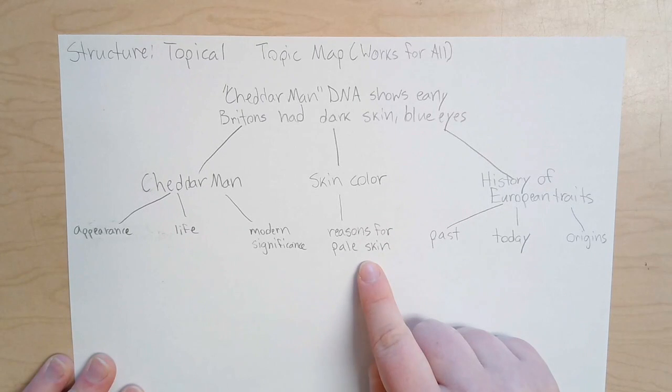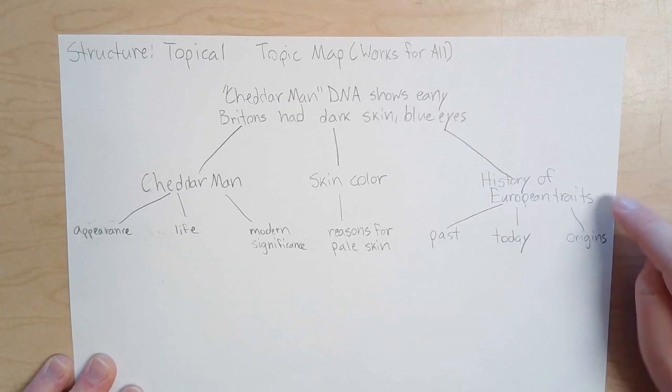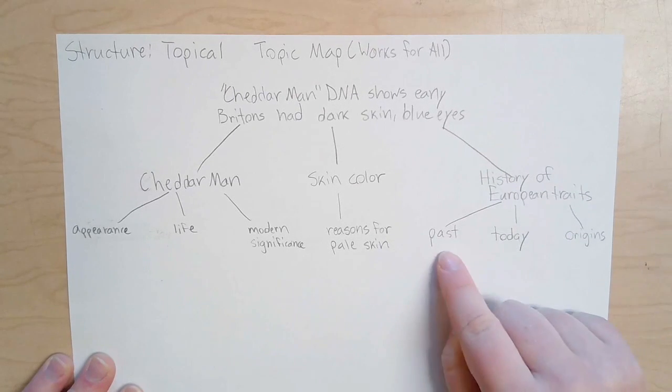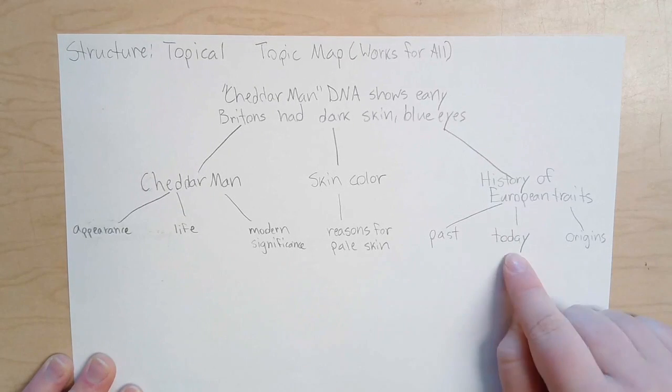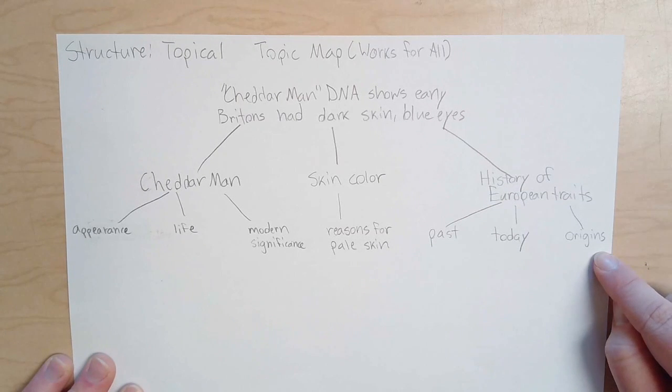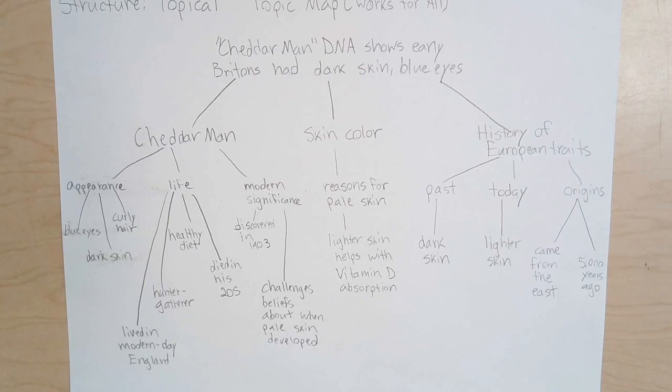But since that's really the only thing they talk about with skin color, I'm putting that under this layer. And then with the history of European traits, I wanted to talk about what Europeans looked like in the past, what Europeans look like today, and the origins of where Europeans came from.